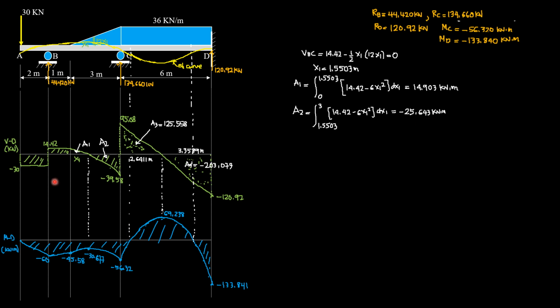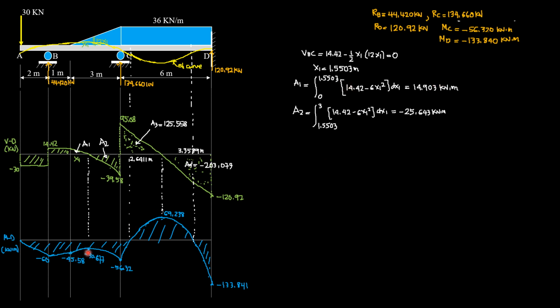So we are now ready to sketch the moment diagram. So beginning with this zero moment at A, then minus 30 times 2, so negative 60, then plus 14.42 times 1, so negative 45.58, straight line. Then we have positive decreasing area 1, so negative 45.58 plus area 1 of 14.903.